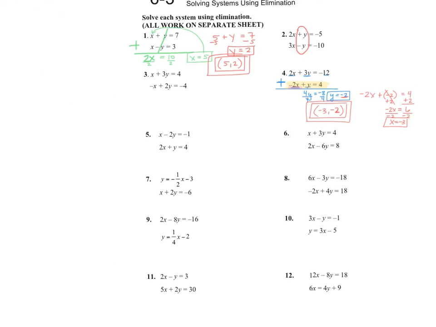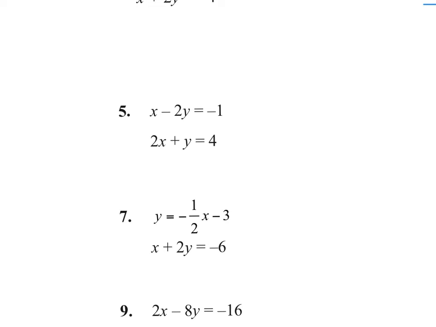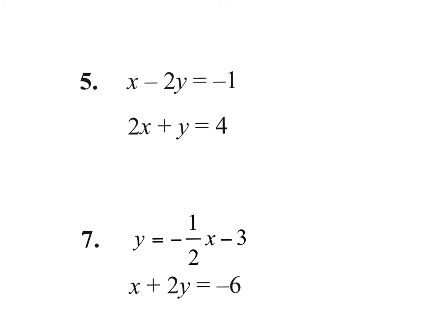Okay, now we get a little bit fancier. If you look at number 5, you don't have the same coefficients or opposite coefficients for either of these. So we are going to have to multiply one of our equations. And there are options here. It's not like one answer is right and one answer is wrong.